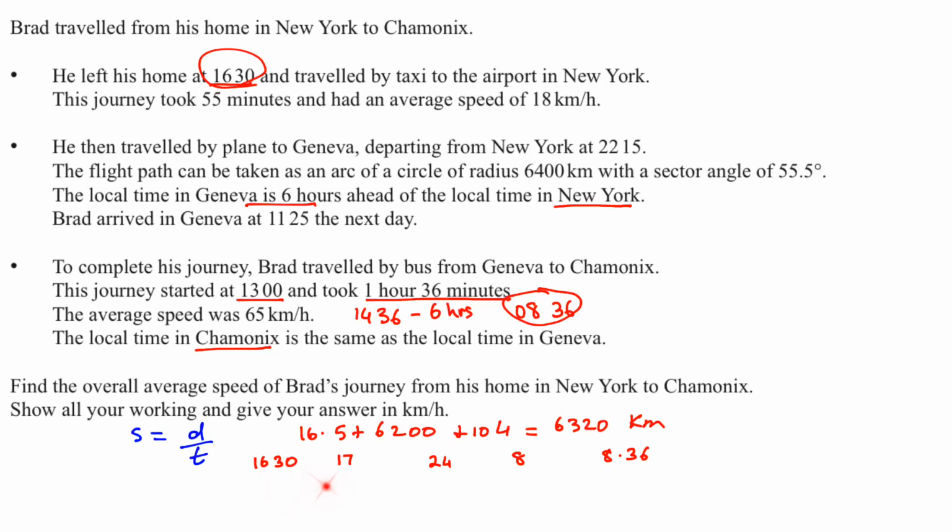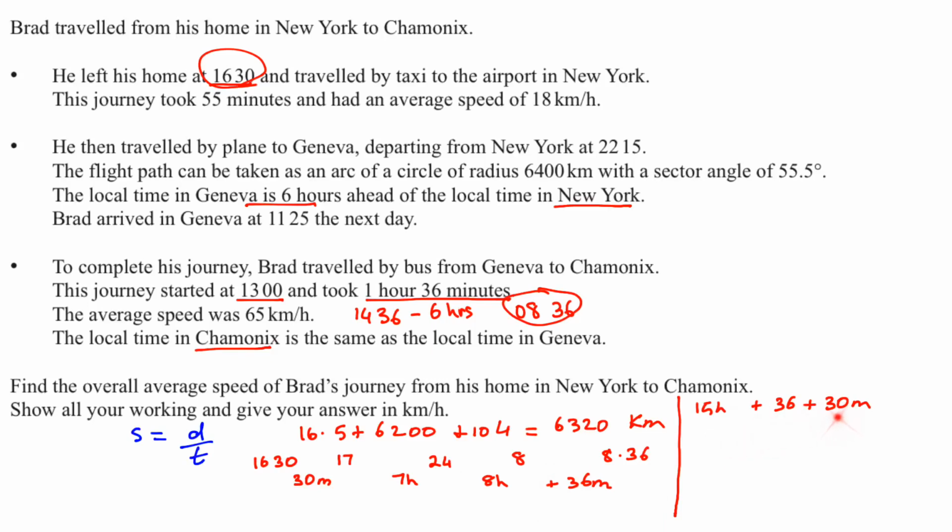After 30 minutes, it's going to be 17. Then the hours between 17 and 24 are 7 hours. Between 24 in the night, midnight, to morning 8, we have 8 hours, and here we have 36 minutes. When you add this, you will get 15 hours and 36 plus 30 minutes.